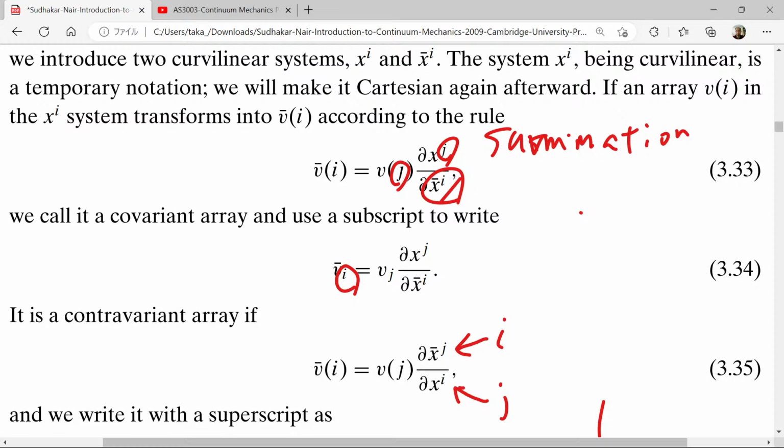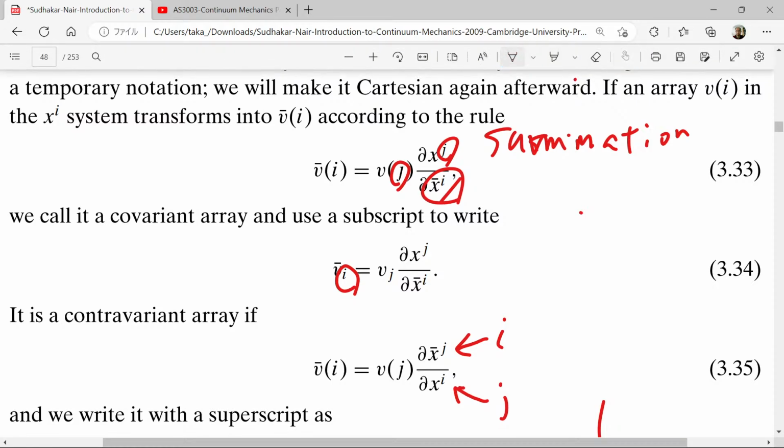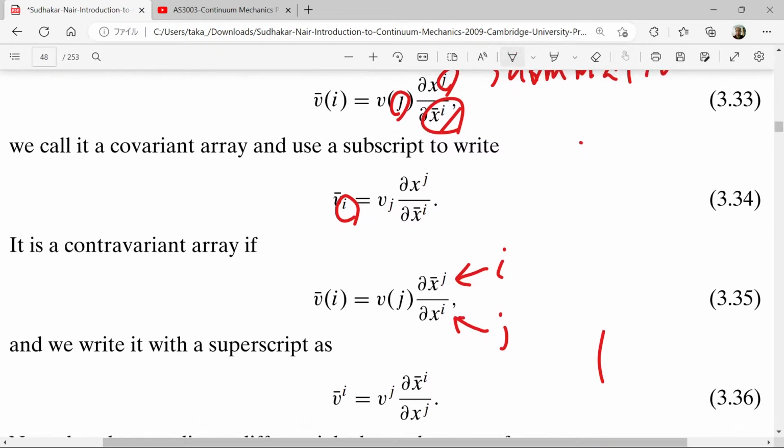So then the contravariant case, this is very complicated. Oops. j is here, this is a mistake. I think it's a typo.